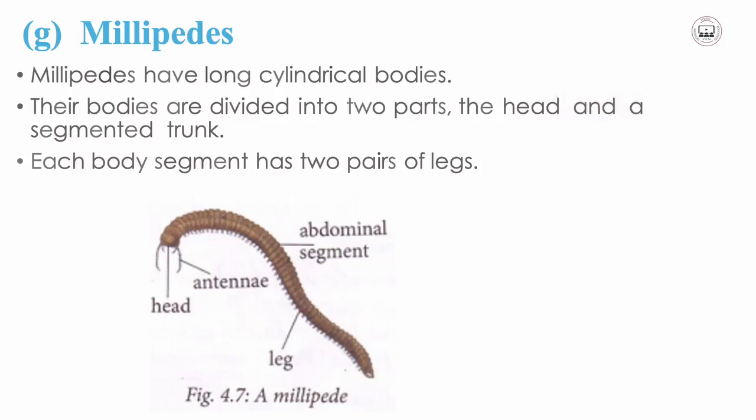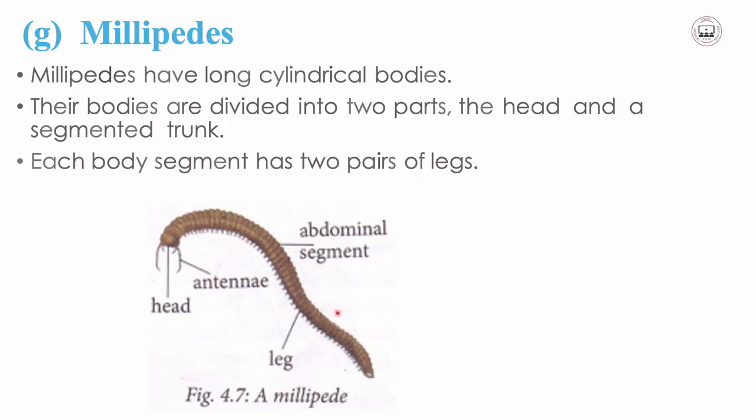Then we come to millipedes. Millipedes have long cylindrical bodies, and their bodies are divided into two parts, the head and the segmented trunk. Each body segment has two pairs of legs.